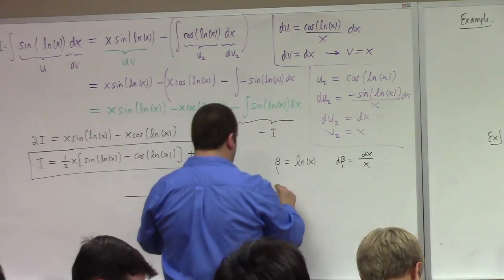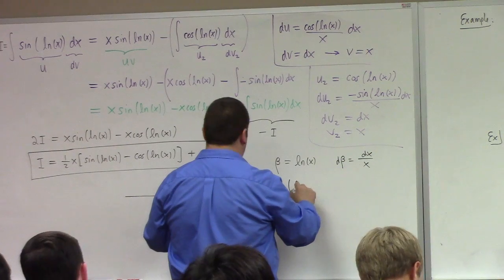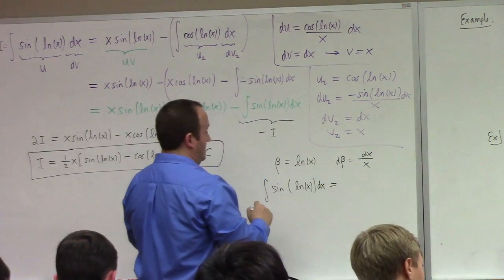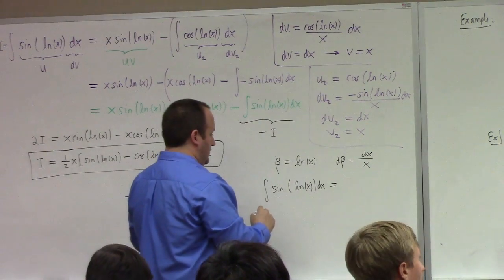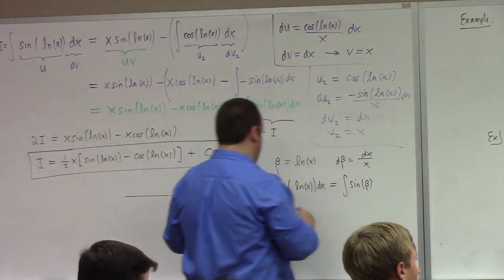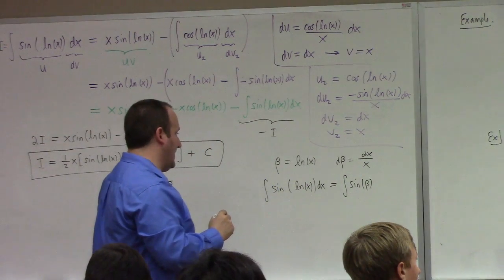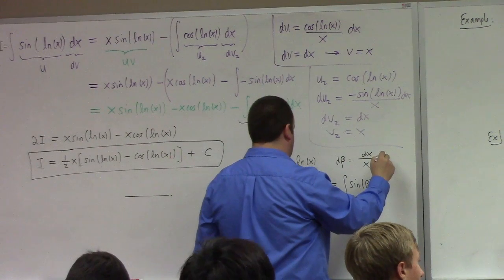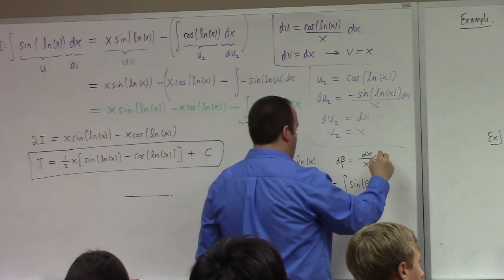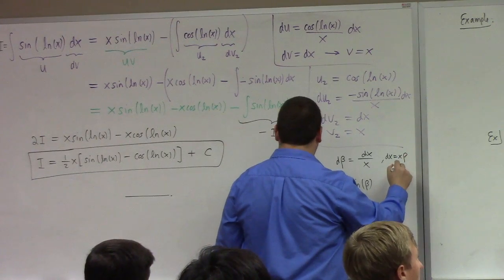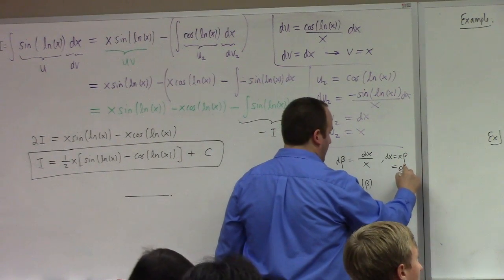So we have integral sine of log of x dx is actually equal to integral of sine beta. Okay, so the dx is what? Because beta is equal to log x, so x is equal to e to beta.